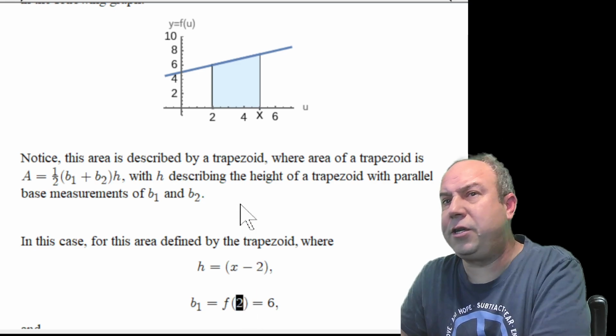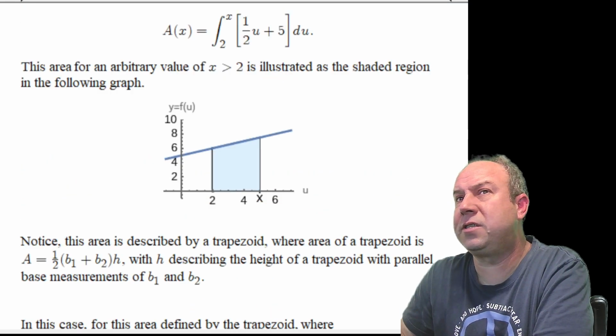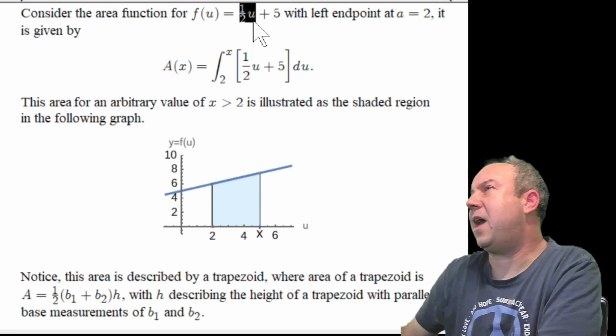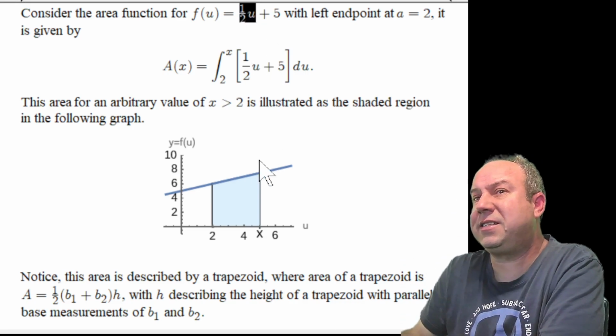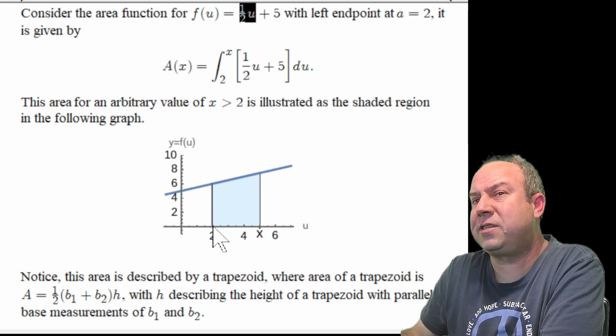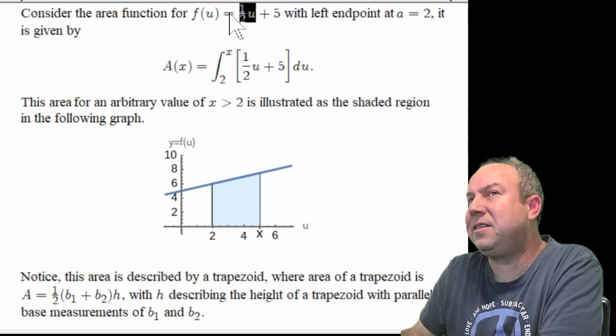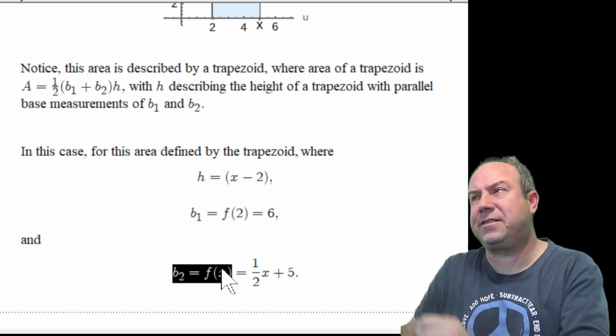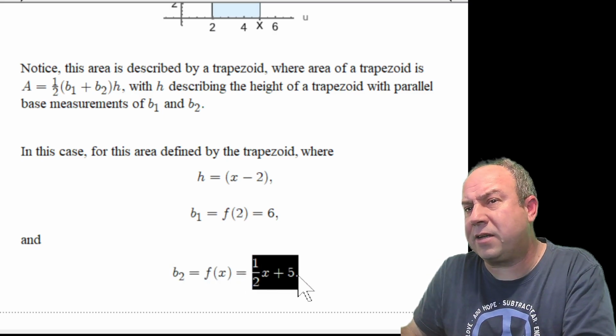So if I plug 2 into my function, 2 times a half is 1, plus 5 gives us 6. This has a height that's 6. So the first base has a length of 6, where the second base at x has a length given by 1/2 x plus 5. The second base is just given by f at x, the quantity 1/2 x plus 5.